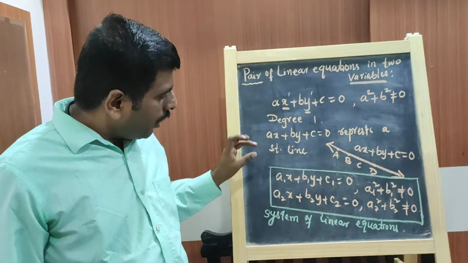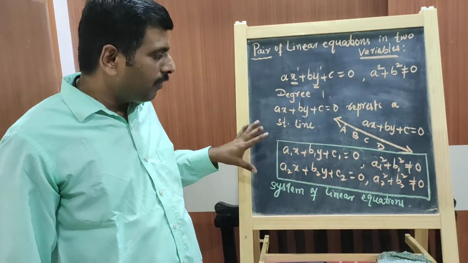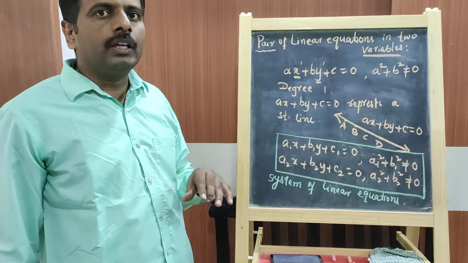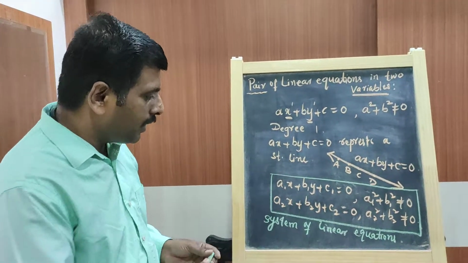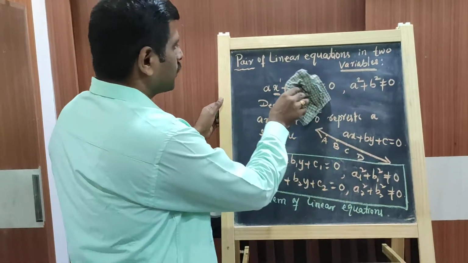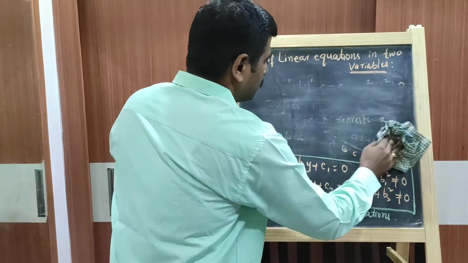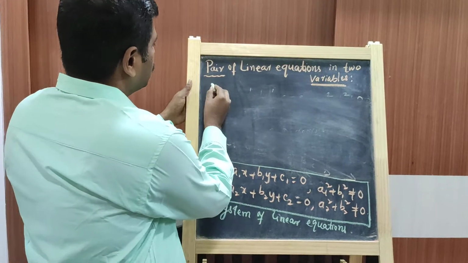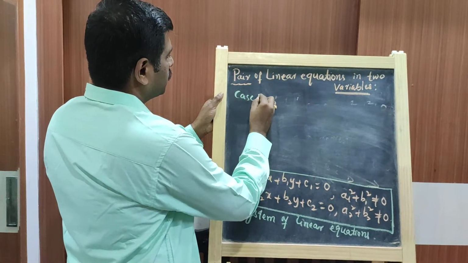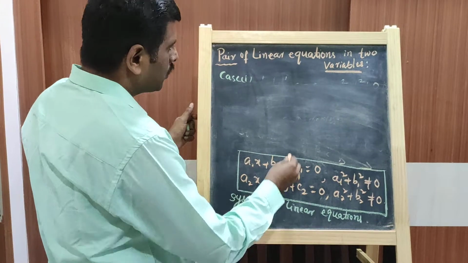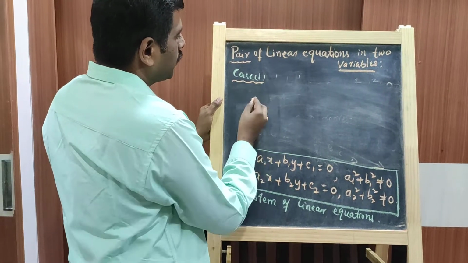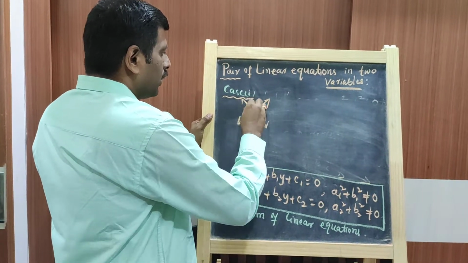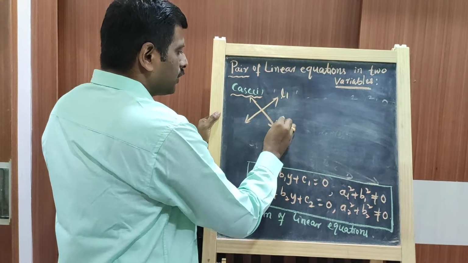If we represent this system of linear equations graphically, we have three cases. Case 1: if you draw two lines in a plane, they may intersect at one point. This is line 1, this is line 2.